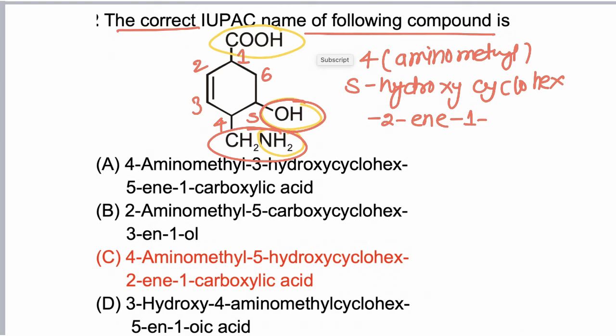Hence instead of using oic acid, we use carboxylic acid, and hence the correct answer is C, 4-amino methyl, 5-hydroxy, cyclohex-2-ene-1-carboxylic acid.